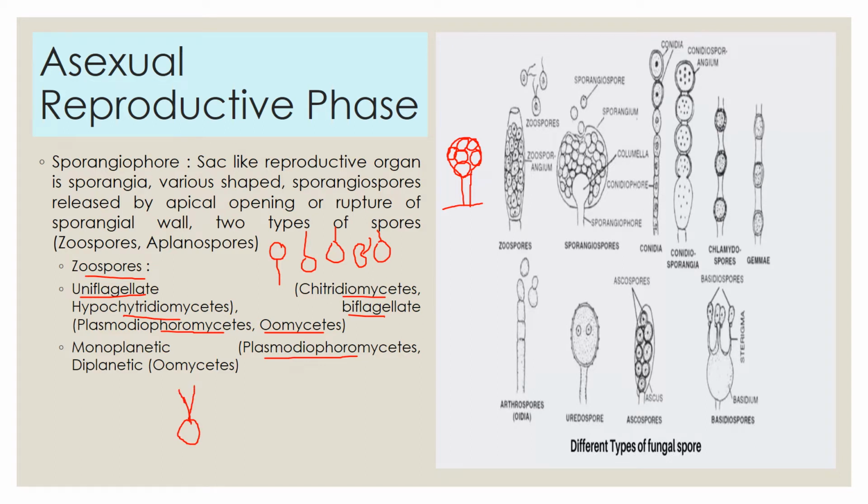This type of flagellation where the flagella are similar is called monoplanetic, and if the flagella are different, then it is called diplanetic. Diplanetic flagella are mostly found in the oomycetes. Here we see that one of the flagella is tinsel type, found in the oomycetes. This is the zoospore of oomycetes, which is diplanetic. When two types of flagella are present, it is called diplanetic.